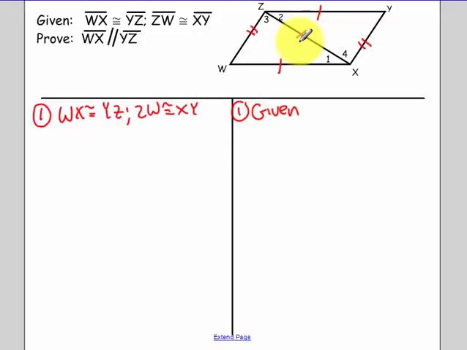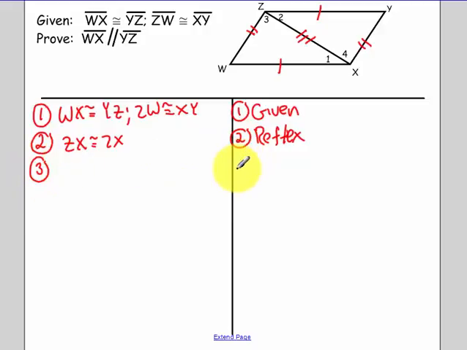Now we have the common side equal. So our second step would be ZX is congruent to ZX by reflexive property. Now we have our triangles congruent. Now let's talk about what I'm trying to prove.